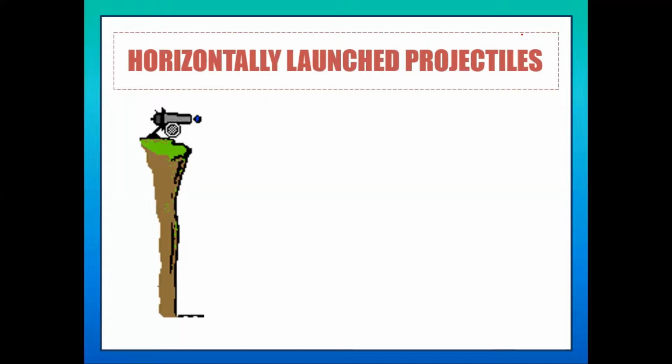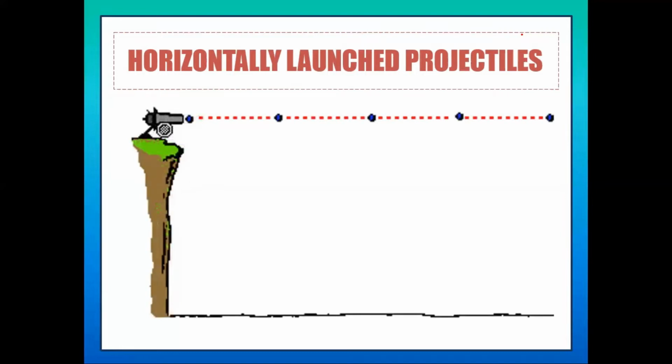According to the first law of motion, which is the law of inertia, a body at rest will remain at rest, and a body in motion will remain in its motion unless acted upon by an unbalanced force. So using that, the cannonball would continue in its motion in a straight line at a constant speed if not acted upon by an unbalanced force.